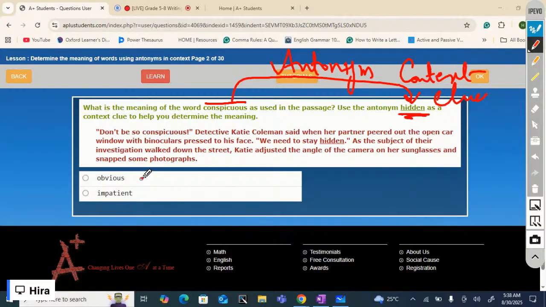Does it mean obvious or impatient? Use hidden as a context clue. If I say the opposite of hidden is not hidden, does it not mean obvious? Obvious means clear, not hidden. So don't be so conspicuous, don't be so obvious. We need to stay hidden. So option one is the answer.